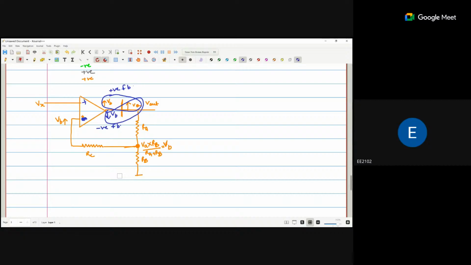Exactly, because what we are saying is that no current will be going here. So that means from this point to this point, no current will be passing. If current is not passing, the voltage drop across RC is zero. But anyhow, we are not considering this thing also. If there is some voltage drop across RC, the direction is again same.